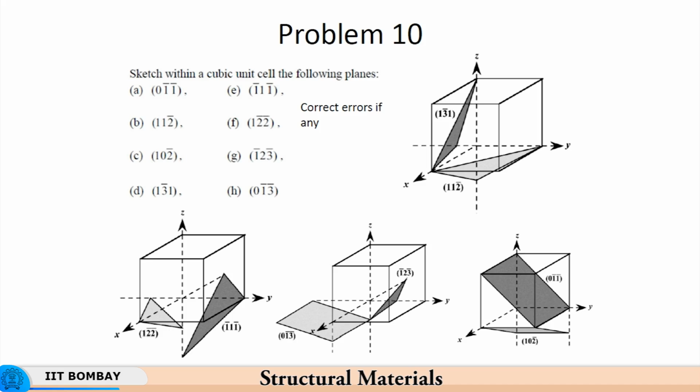So, basically you get these 3 points. Z is bar 1 here, x and z are bar 1 and y is 1. So, you get the plane as 1, 2 and 3.